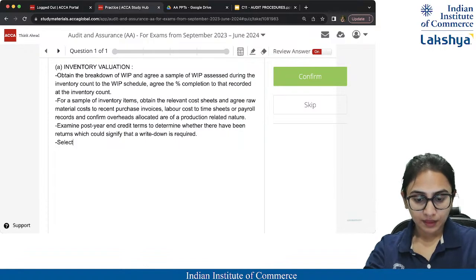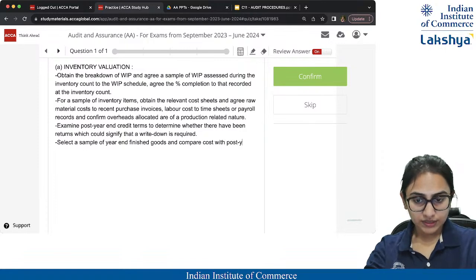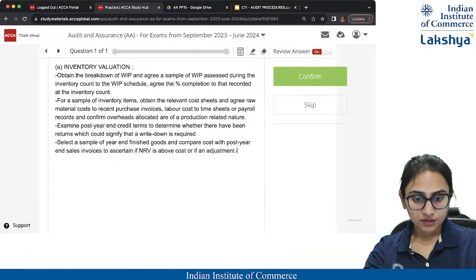So select a sample of year-end finished goods and compare cost with post year-end sales invoices to ascertain if NRV, that is net realizable value, is above cost or if an adjustment is required. Okay.